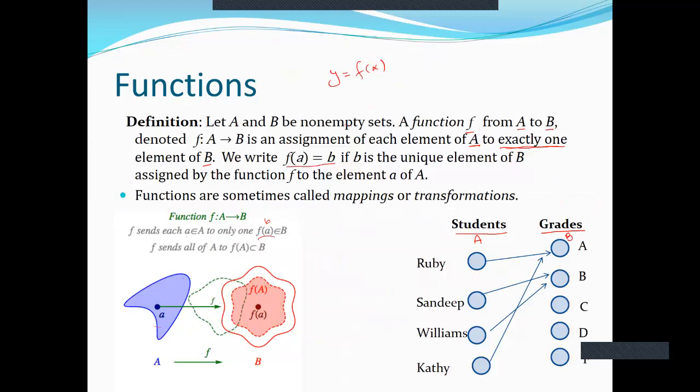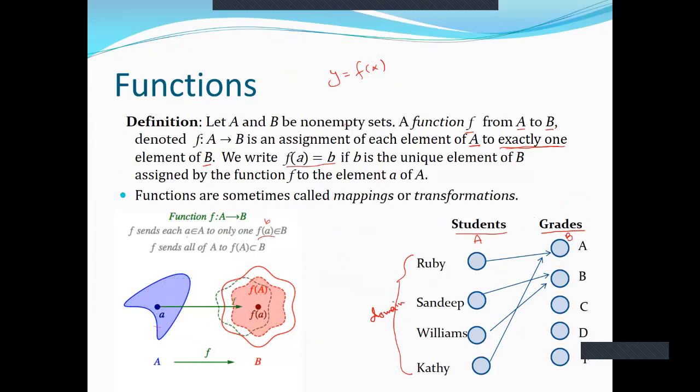We have set A of students and B of grades. Ruby is mapped to A, Sandeep is mapped to B, Williams is mapped to B, and then Kathy is mapped to A. So this whole set of students is the domain.